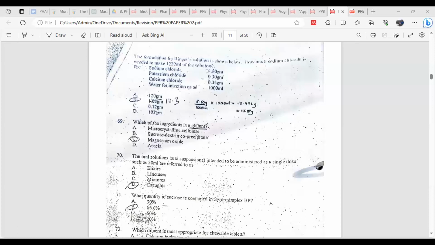Which of the ingredients is a glidant? We have microcrystalline cellulose, sucrose, dextrin, coprecipitate, magnesium oxide, acacia. Magnesium oxide. What's a glidant?